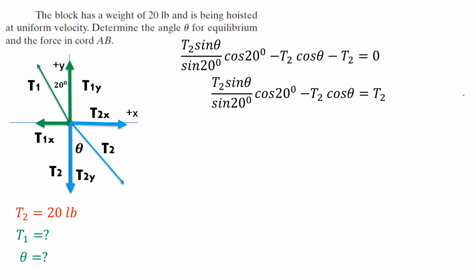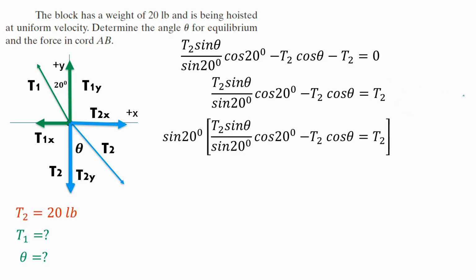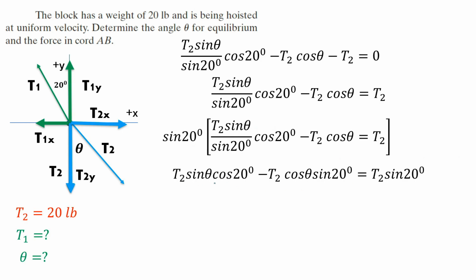Then I multiply both sides by sine 20 degrees, so the sine 20 cancels. It will be T2 sine theta cos 20, minus T2 cos theta sine 20, equals T2 sine 20 degrees. Since all of these have T2, I can cancel out T2.